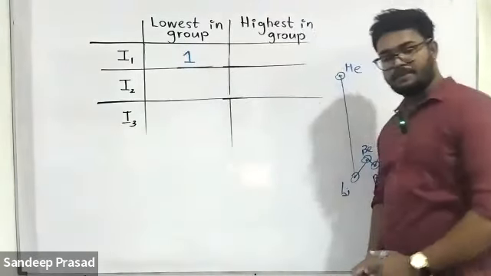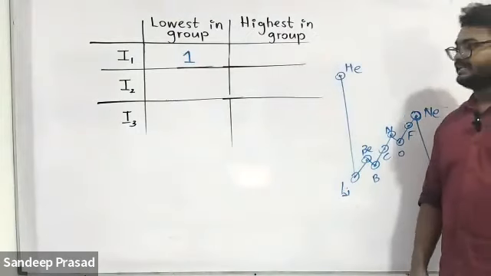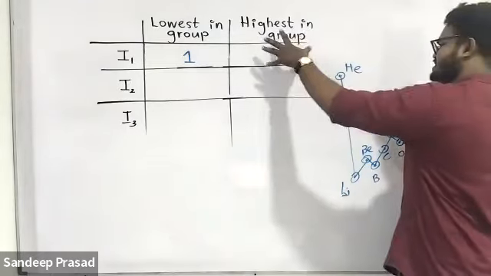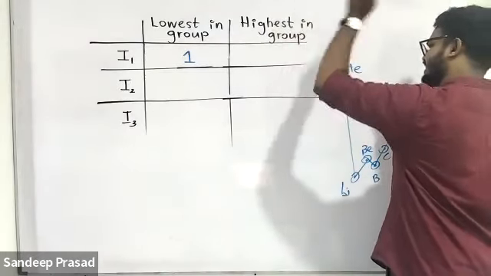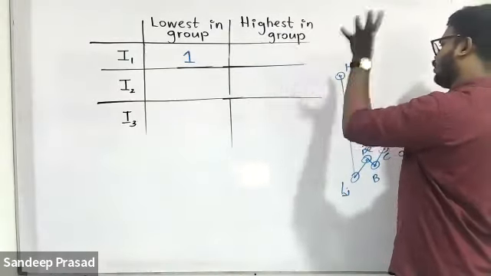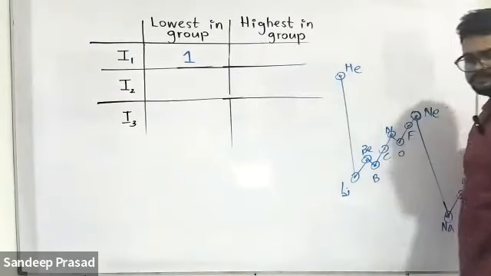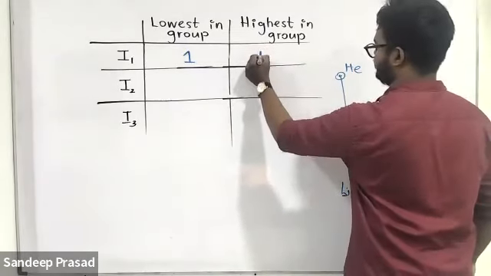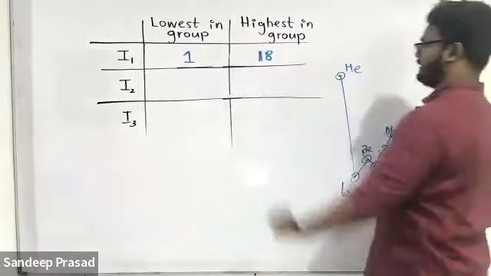That means the first group elements always have the lowest ionization energy. Then tell me the highest ionization energy. Highest first ionization energies always belong to which group? Annahari, group number 18. Very good. Group number 18.